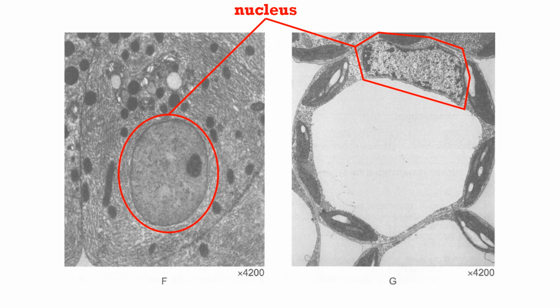And the nucleus is the largest organelle, right? So in cell G, which is a plant cell, this very large, clear area that covers almost the entire or more than half of the area of the cell is the vacuole, which is not really in the A-level syllabus.